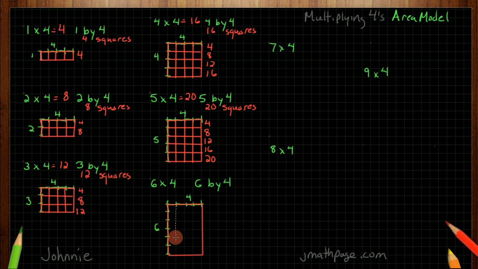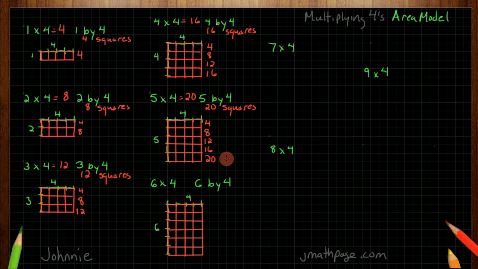Okay, what about the columns? 1, 2, 3, and 4. And the rows? 1, 2, 3, 4, 5, and 6. So 6 rows and 4 columns. All right. How many squares?